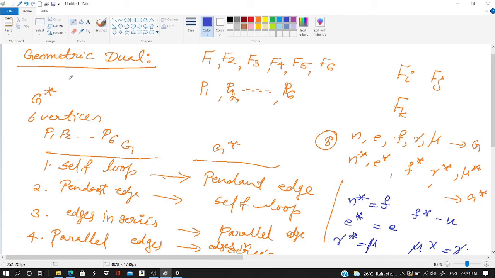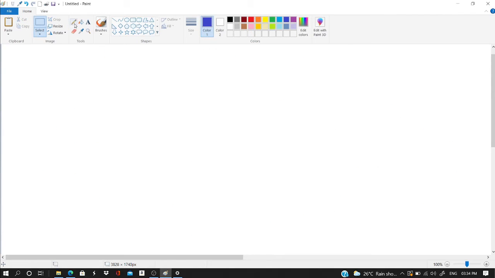Now we can consider one example 2. So consider one figure now. Suppose here is one vertex. Now we can join these 8 vertices.